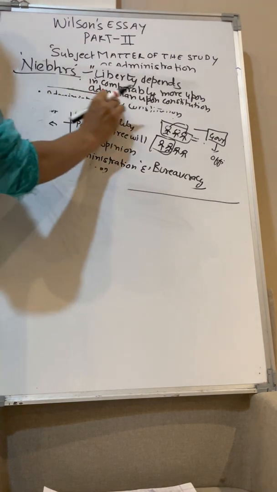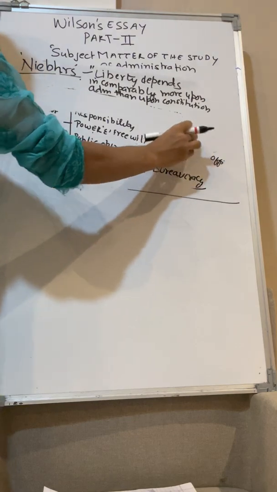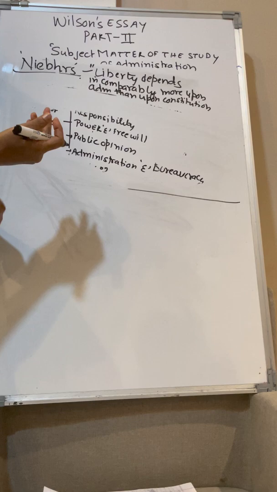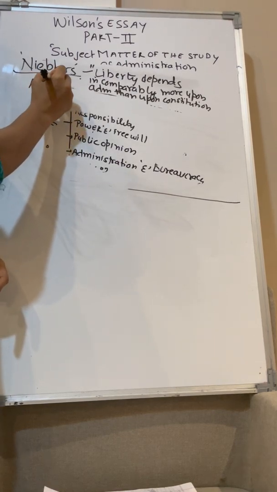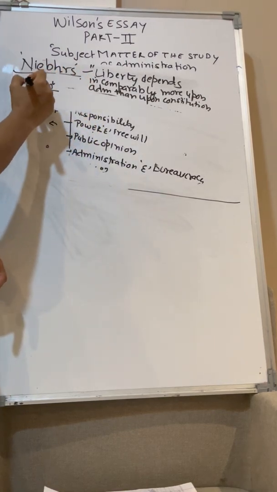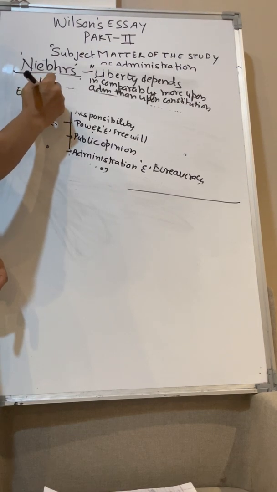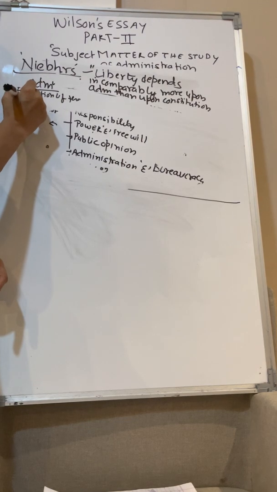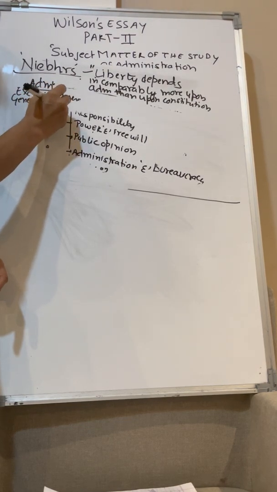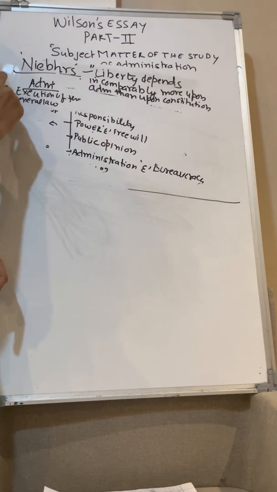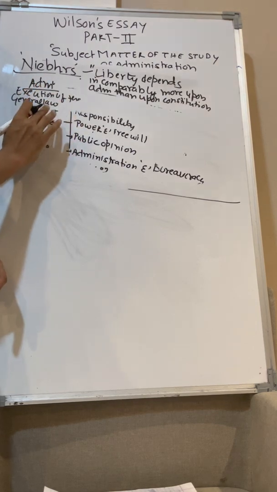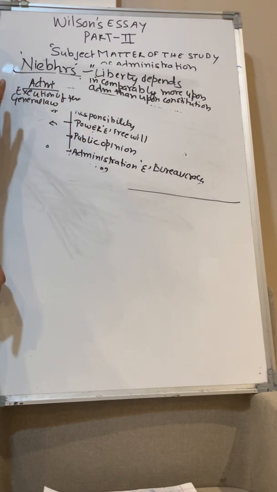Now let's see. Now Wilson says, okay, fine, what is the difference between the administration and the constitution? Administration is just the execution of the general law which is being given by the constitution, it is the detailed execution of the general law, whereas the constitution is just the general law which directs what things are to be done.